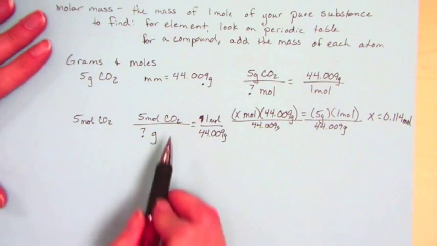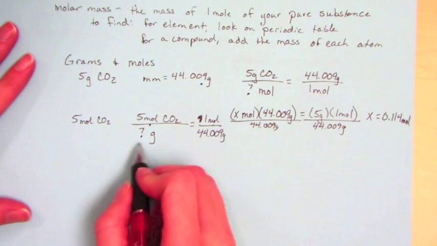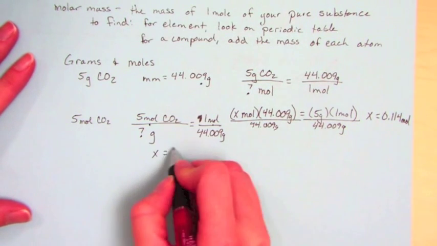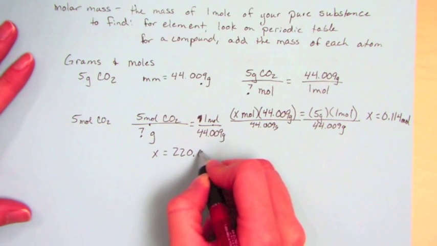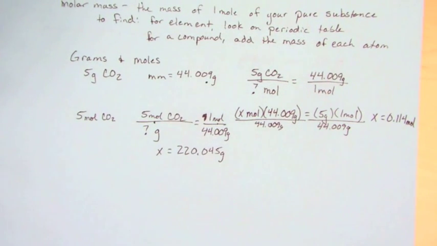Again, we want to match up our units, so I need to put moles on top over here. If we look for that, grams equals 220.045 grams.